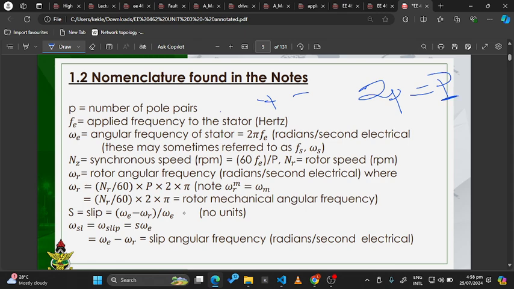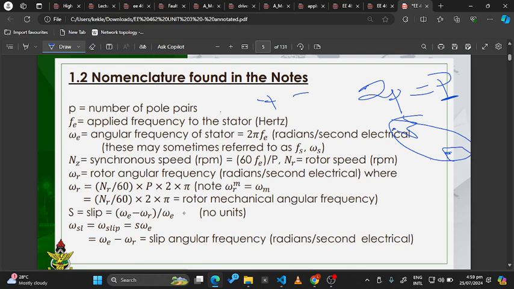If you have a two-pole machine, it will have a north pole and a south pole. The total number is the poles on their own, but a south pole and a north pole form a pole pair. So this is a pole on its own, and this is a pole on its own.